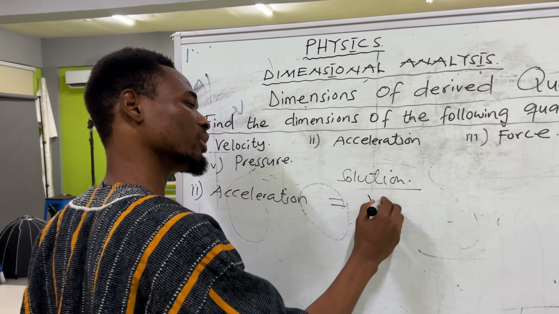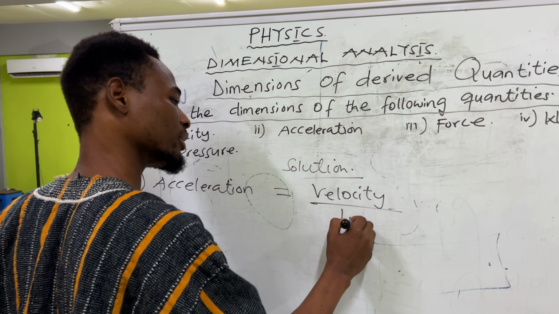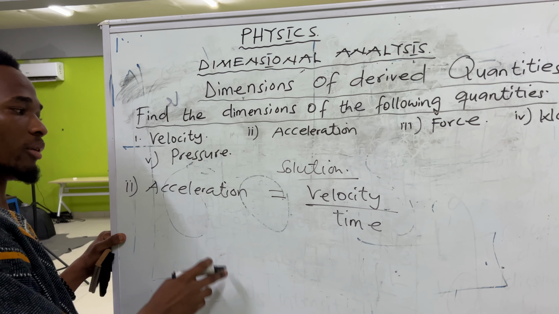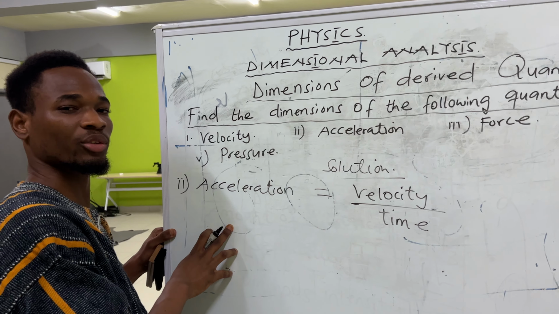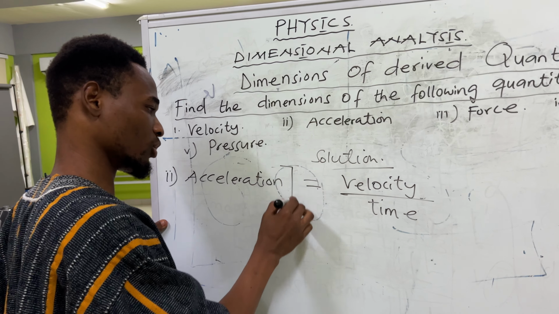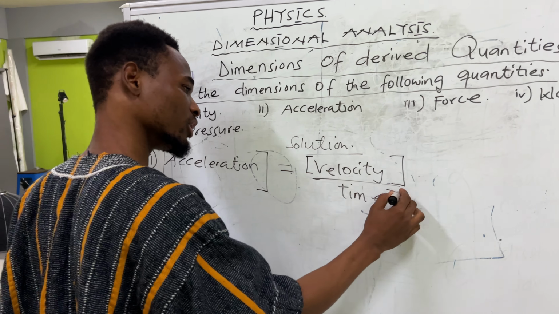Acceleration is equal to what? We have the velocity over the time taken. I want to take the dimension of acceleration, so what do I do? I'll put it in square brackets, this way.